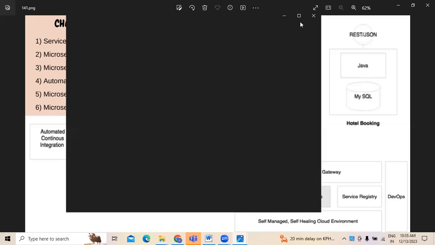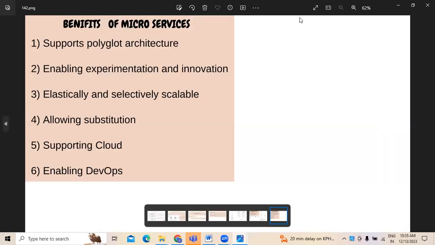Now, when it comes to the benefits of microservices, what are the benefits? As I already mentioned, the first one is that it supports polyglot architecture, because every service we implement has its own architecture and technology.